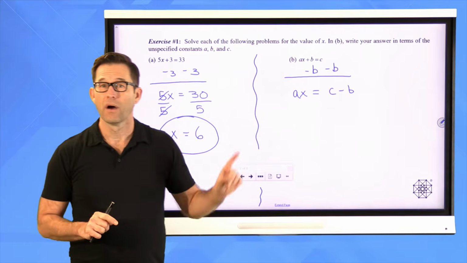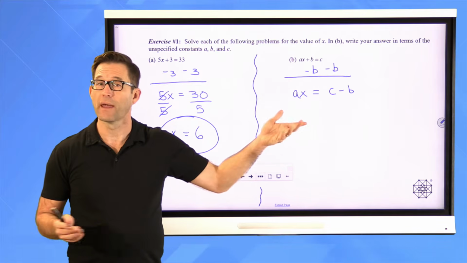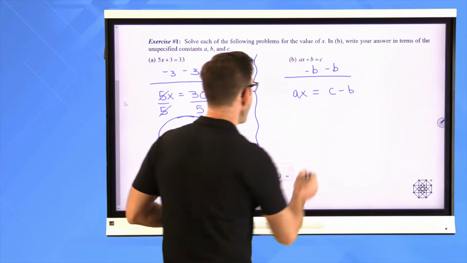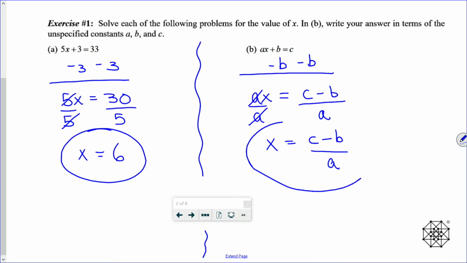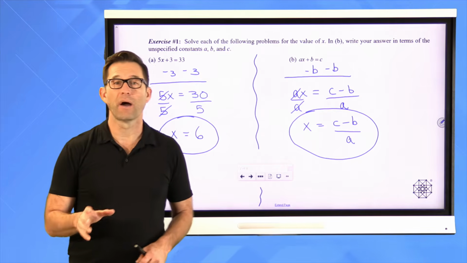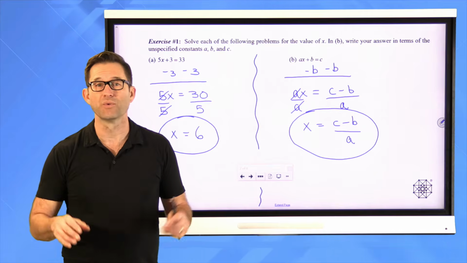But now, I want to take this equation and get rid of the multiplication by a. So I'm going to divide both sides by a, and I have to divide that entire side by a, and I get x equals c minus b divided by a. Again, in the last problem, I was able to take that 30, divide it by 5, and get a final result, which was 6.